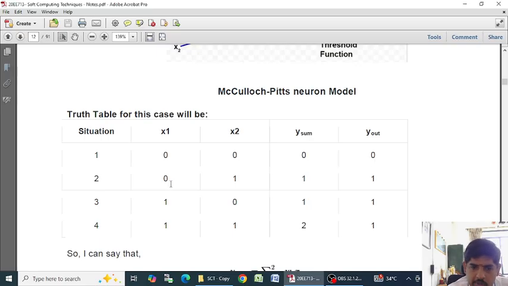In the second situation, there is no rain but it is sunny, so the sum is 1 and the output is 1. Due to the heat, John carries the umbrella.